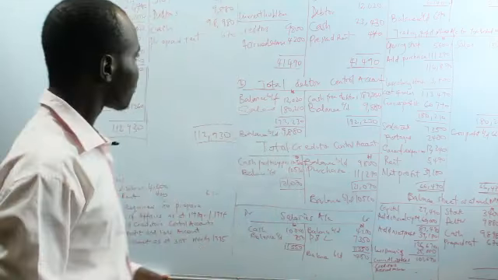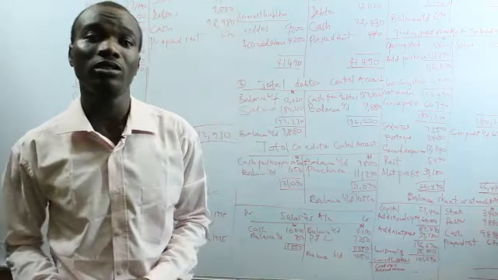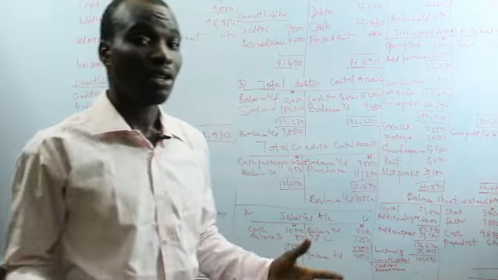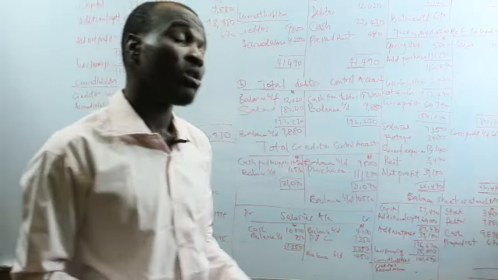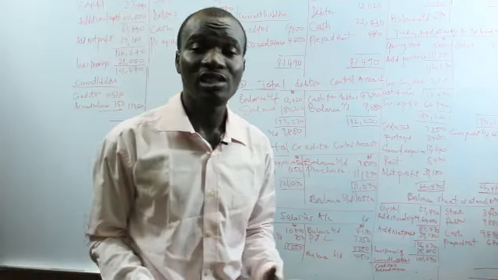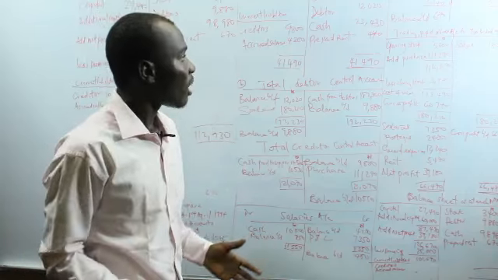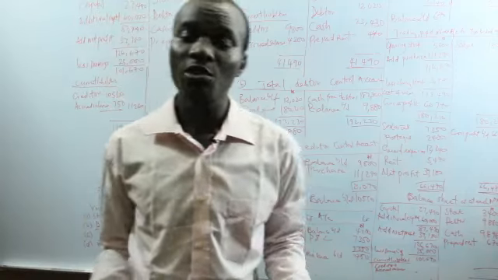So in this lesson, we talked about the single entry principle that does not conform with the double entry principle. We talked about incomplete records, a system used in single entry accounting, and also the features of the single entry.